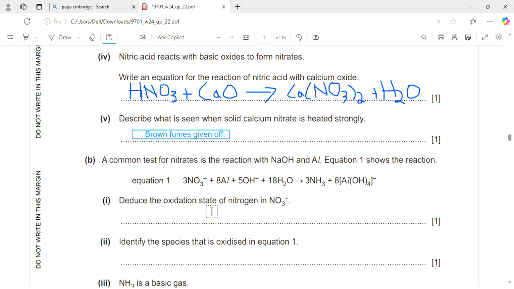If you are familiar with finding oxidation states, oxygen is -2, and there are three oxygen atoms, so 3 times -2 is -6.